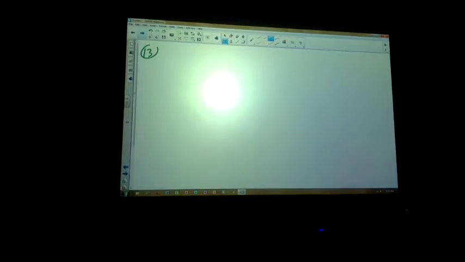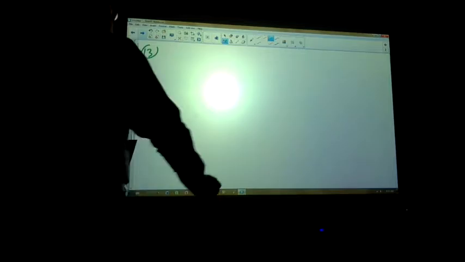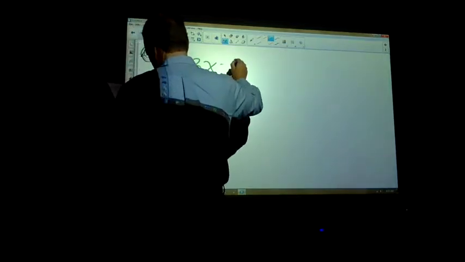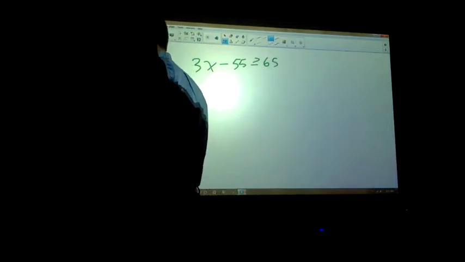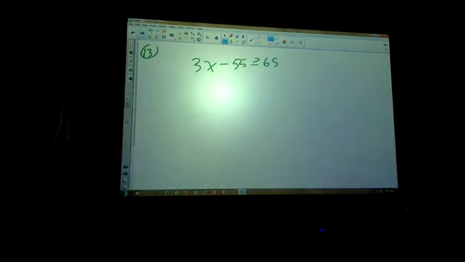The students at the class booth at a carnival would like to earn $3 for every item they sell. They spend $55 for the materials to make the items. Solve the inequality 3x minus 55 is greater than or equal to 65. They want to sell items. They need to make a profit of at least $65.